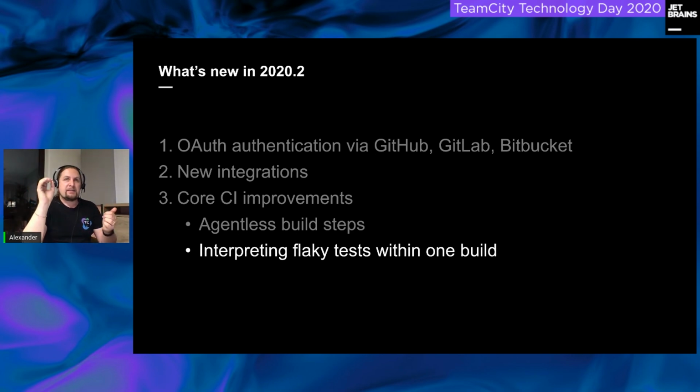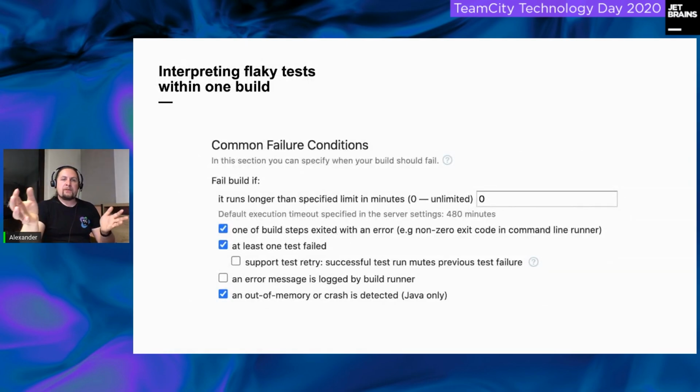And TeamCity has always had a strict policy about failed tests. So any test failure always resulted in a failed build step. And this is, of course, not convenient in many testing scenarios. And to support more workflows, version 2020.2 will allow you to choose how to deal with these situations.